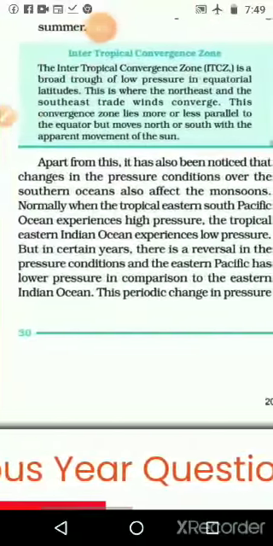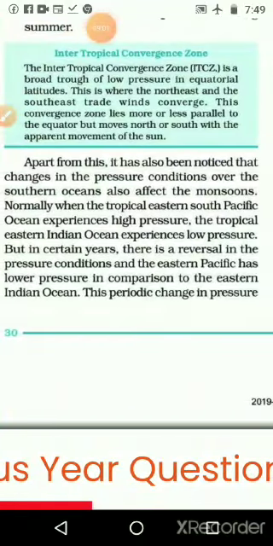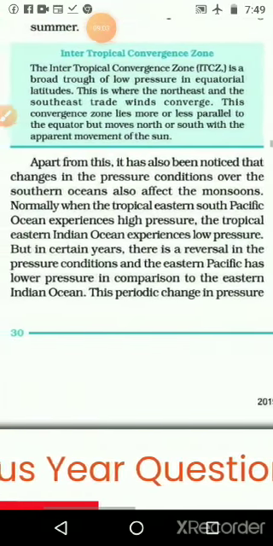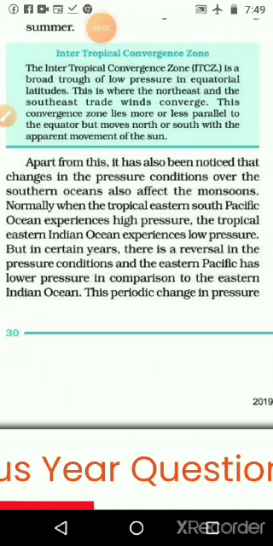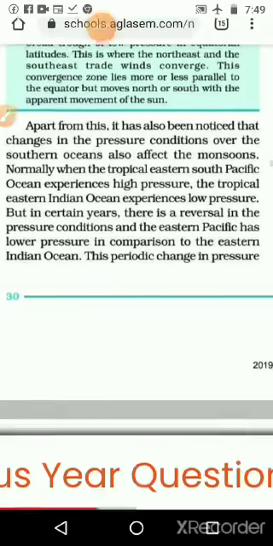So let us read once again: the tropical eastern Pacific. Tropical means where the Tropic of Cancer or Tropic of Capricorn is going through. In that eastern as well as south side of the Pacific Ocean, experiencing high pressure. At the same time, the tropical eastern Indian Ocean experiences low pressure.